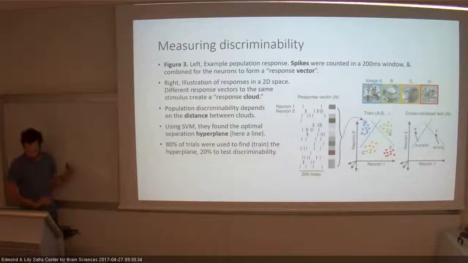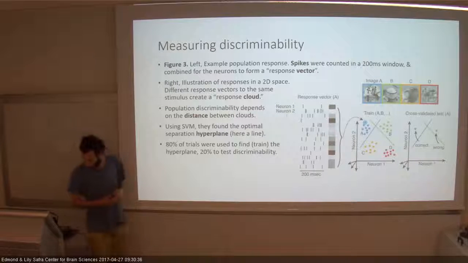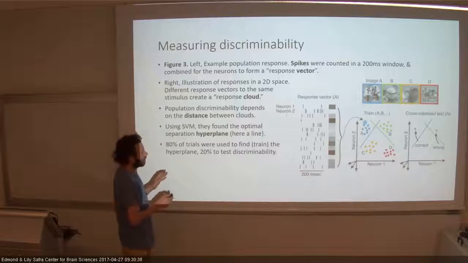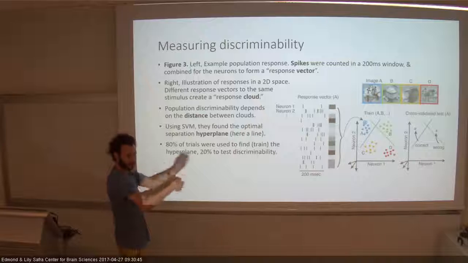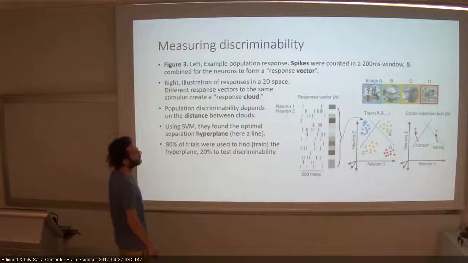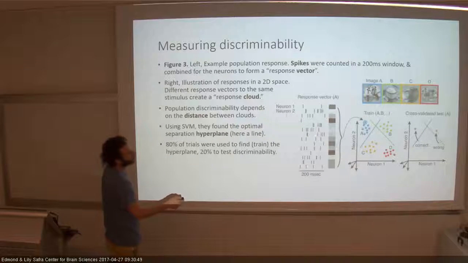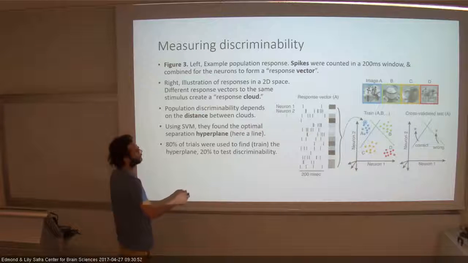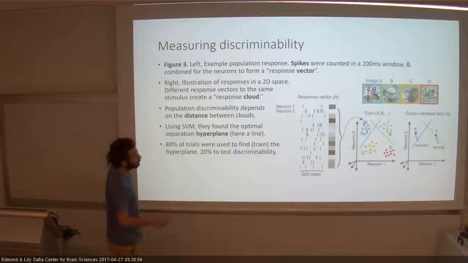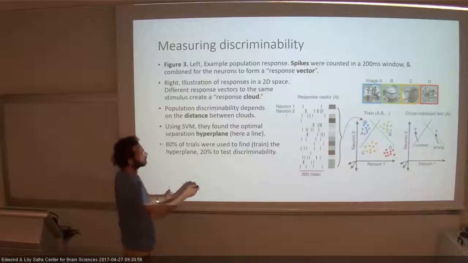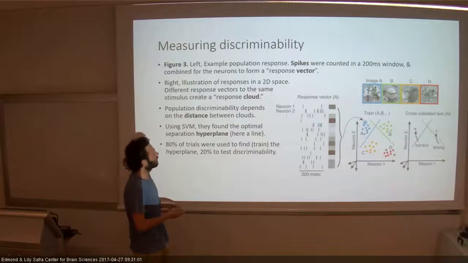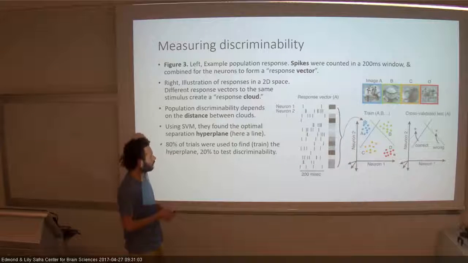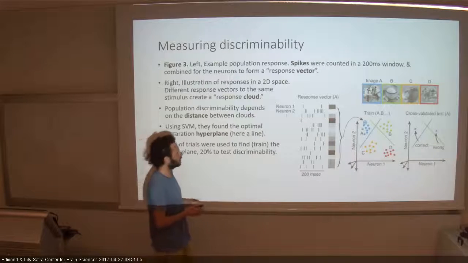So how do you measure discriminability? First they collected the spike counts for each neuron responding to each image many times, and then they put them all together to create a response vector, showing how each neuron responded to this image at this one presentation.